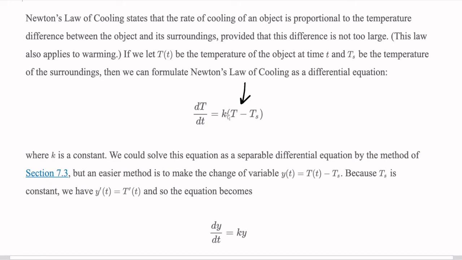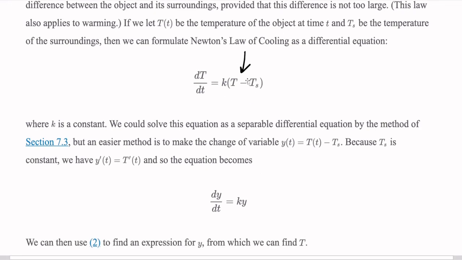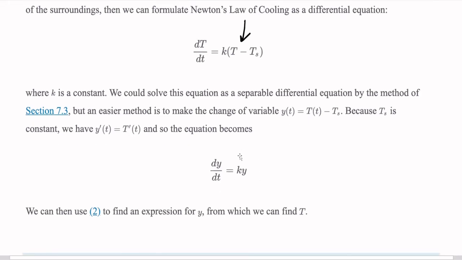The difference between your hot thing and the freezer is going to be larger right here. A larger number makes this derivative bigger, which means the change is bigger. So that's what this equation is trying to tell you. Okay? So we can get a little fancy here and do a little substitution to solve this equation, okay?